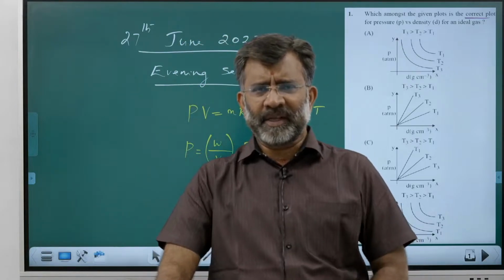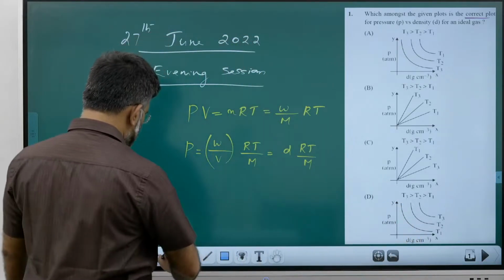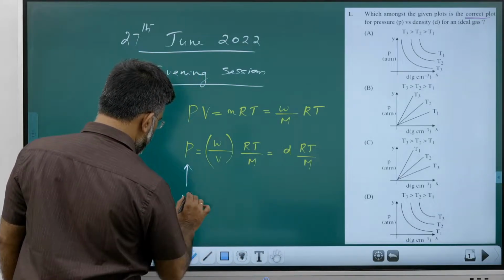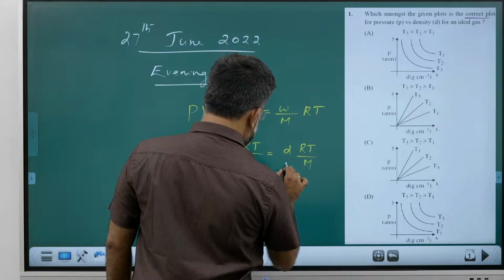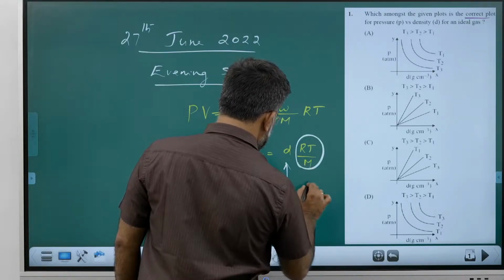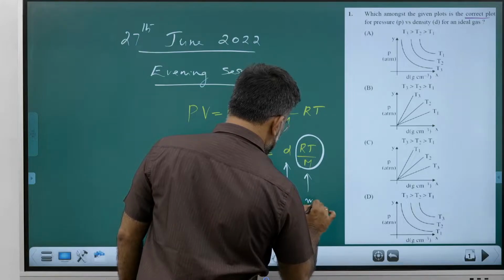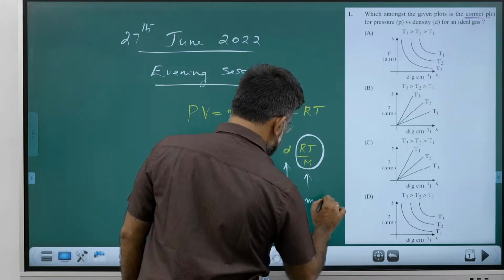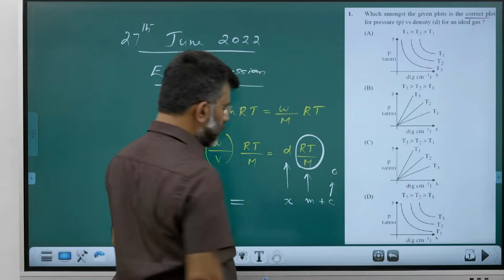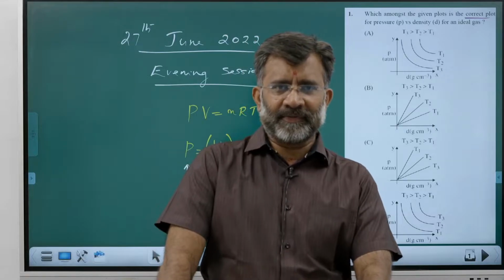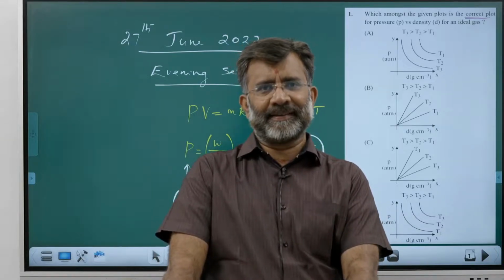Pressure is taken along the y-axis and density along the x-axis. Quite naturally, dRT by M will act as the slope of the graph, y equal to mx plus c, and c remains 0. C remains 0 means it starts from the origin, isn't it?